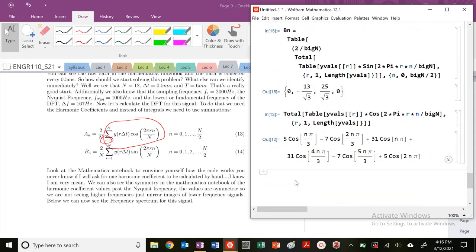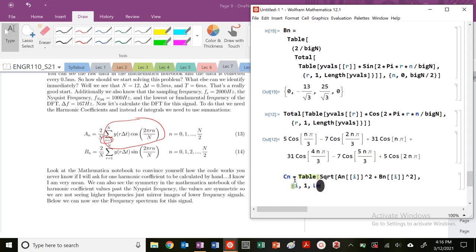So we can do a very similar plot. I could do my c sub n equals table square root of a sub n i squared plus b sub n i squared, and I'm going to go from i from 1 to the length of a sub n. Probably should be using n, but it's okay.